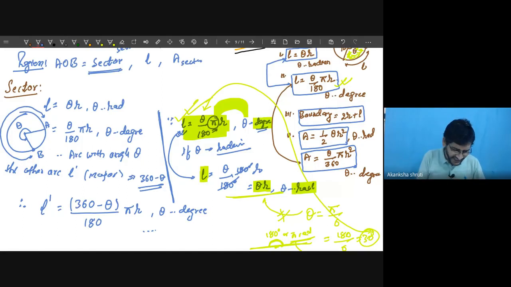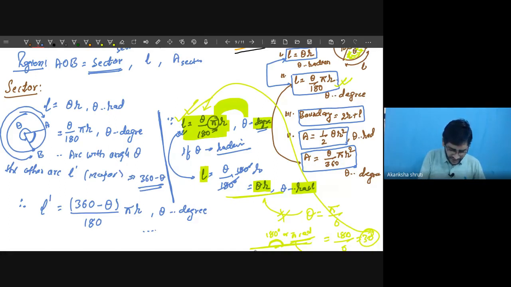So for getting the other arc length, we get the other angle, which is obtained by considering 360 at the center because it is the complete angle, minus this theta.